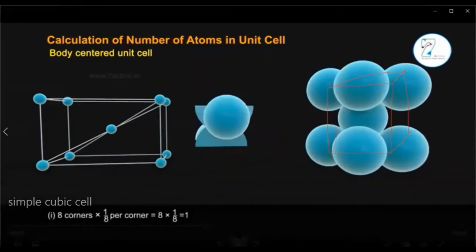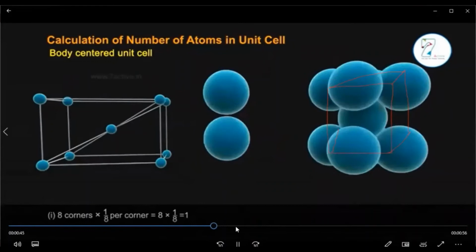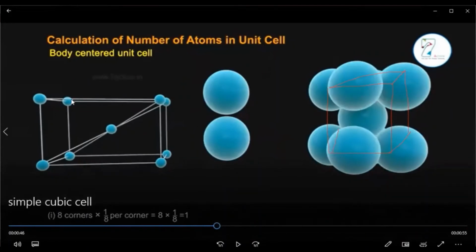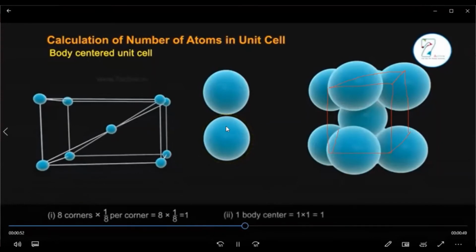These 4 now will form 2, and these 2 will form now 1, right? So the corners will form one sphere, and inside the body there is one sphere, right? So that is totally 2 spheres. So now 8 corners into 1 by 8 per corner, that is 1 sphere, and then I have this body center cube, that is 1 sphere, right?